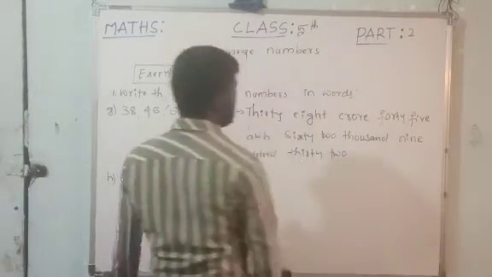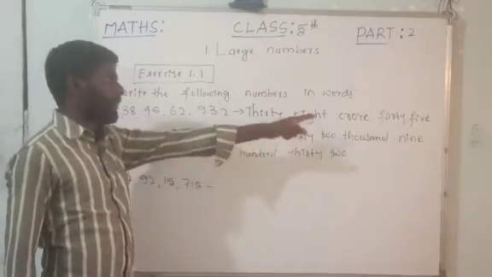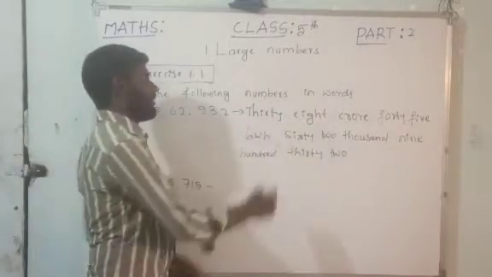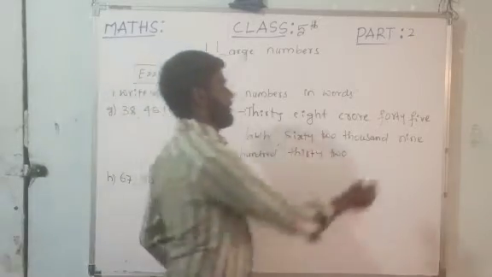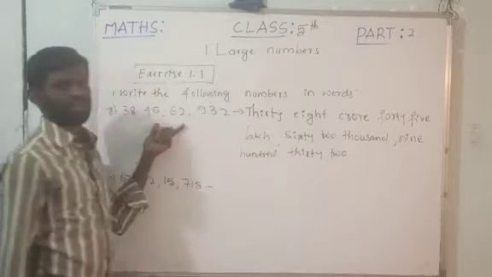See, dear children, once again I will read this one: 38 crore, 45 lakh, 62,932. That completes the first question's answer.